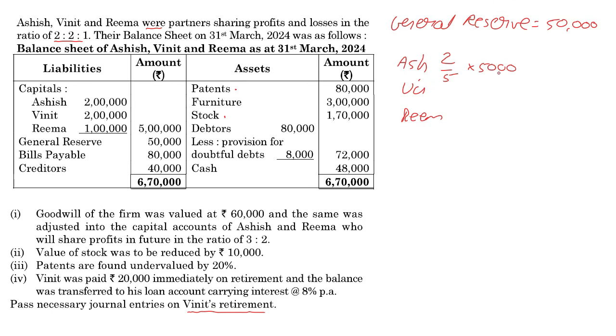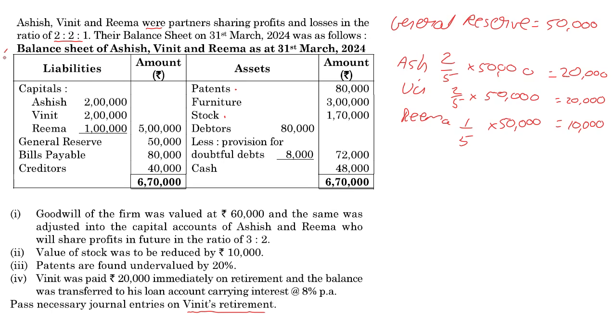In the case of Vineet, it's going to be 2 by 5 into 50,000. In the case of Reema, 1 by 5 into 50,000. And 1 by 5 into 50,000 is going to give me 10,000, which means that these two are going to be 20,000 and 20,000.